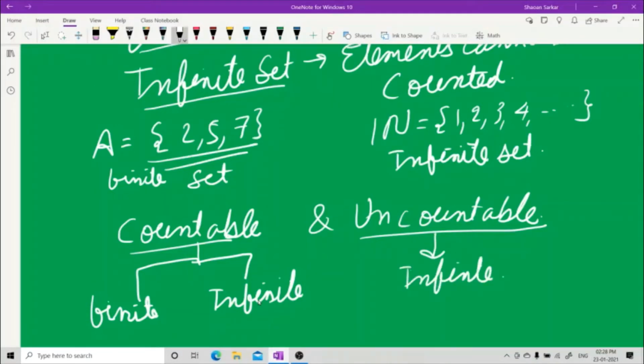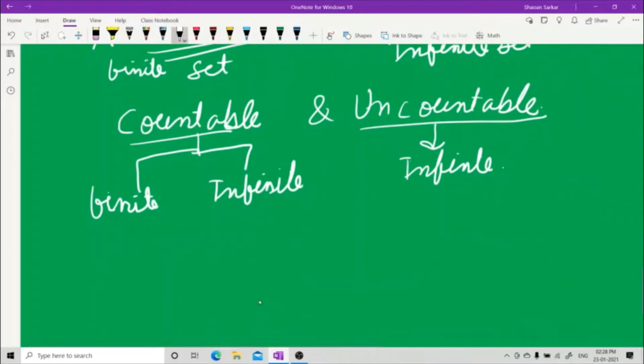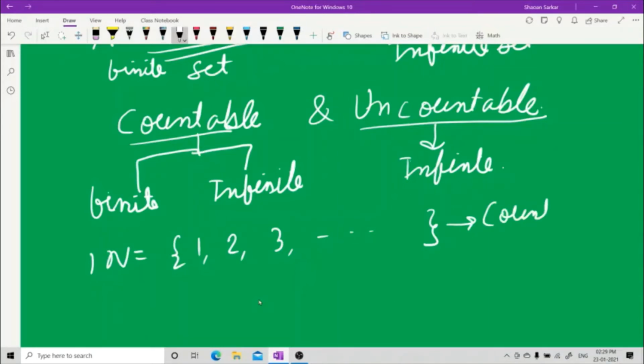Now see, with examples things will be clear. Natural numbers: you have 1, 2, 3, and so on and so forth. Though it is infinite, it is countably infinite.